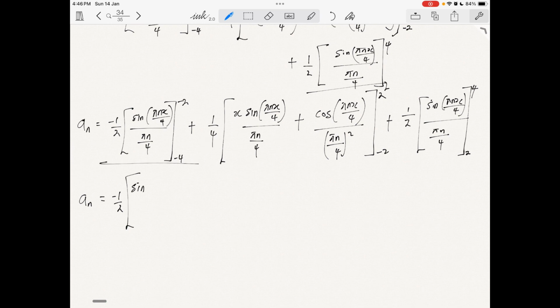When we put in -2 here for x, we end up having πn(-2) divided by 4, and this means that we will be having -πn over 2, or -nπ over 2.